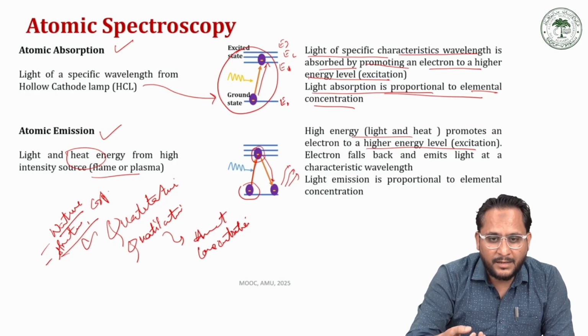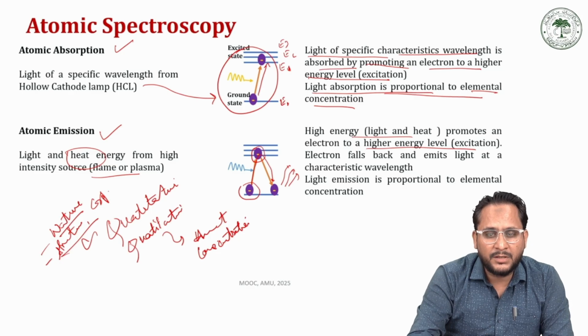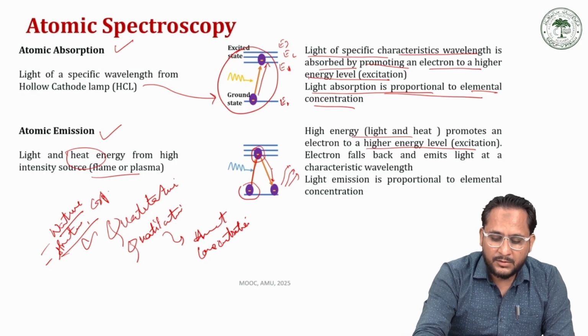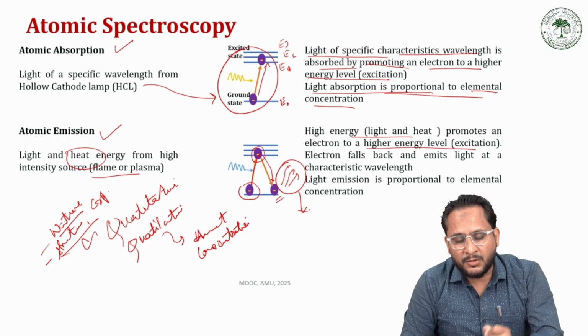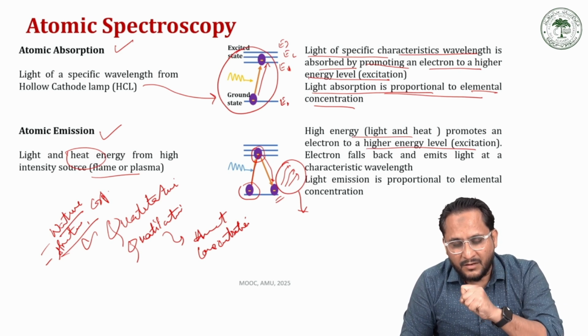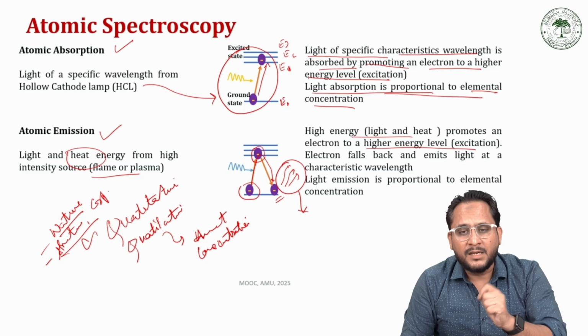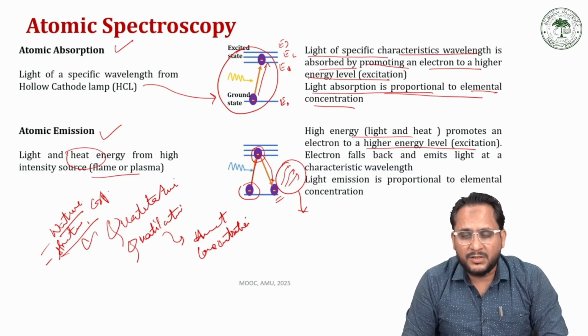They want to relax, they want to come back to the ground state, and for that they have to release energy to come back to their original state. So they emit light and come back. This light is basically the basis of the emission spectrum. It is read by the detecting device and an emission spectrum is generated.